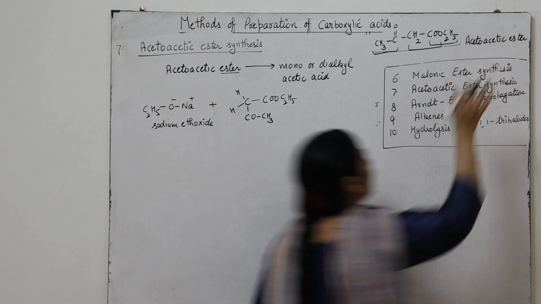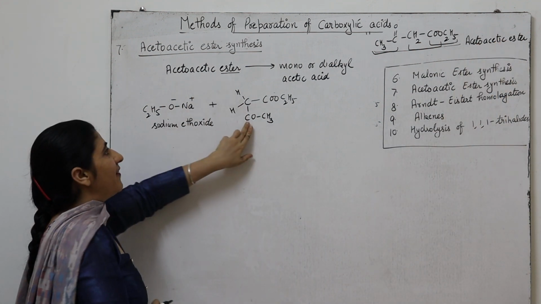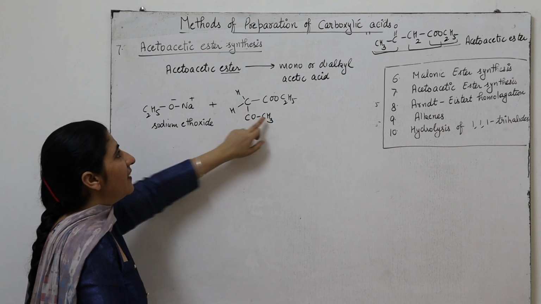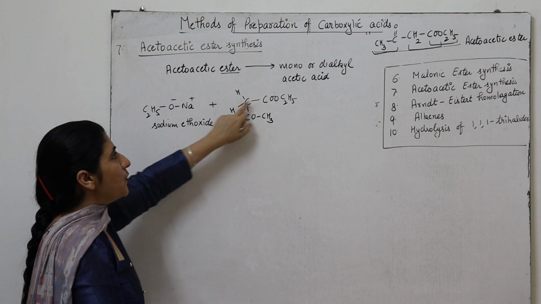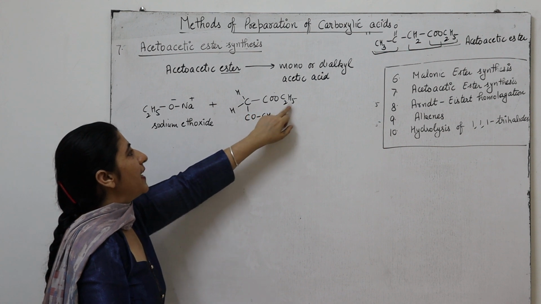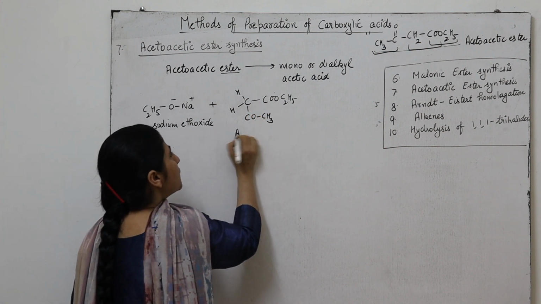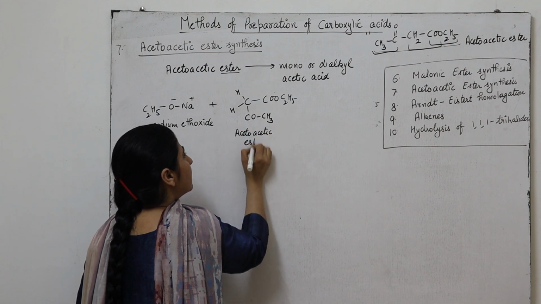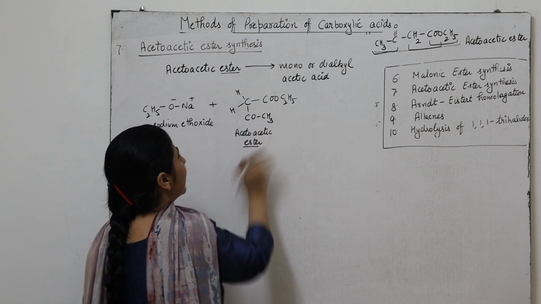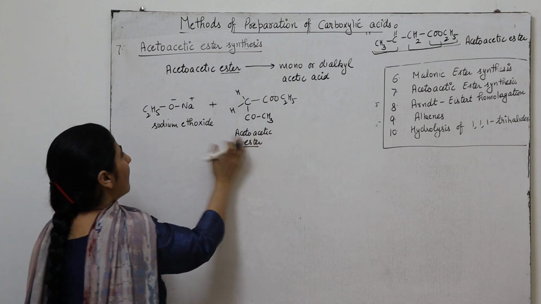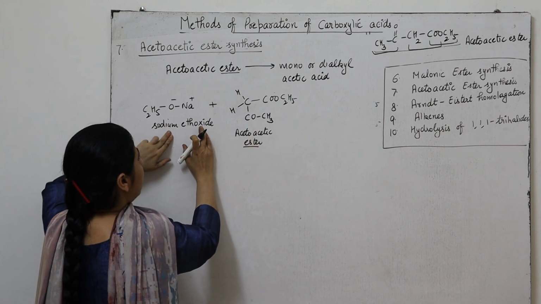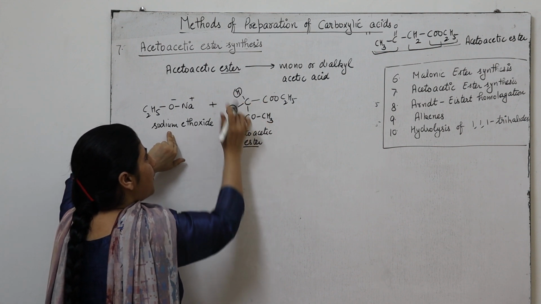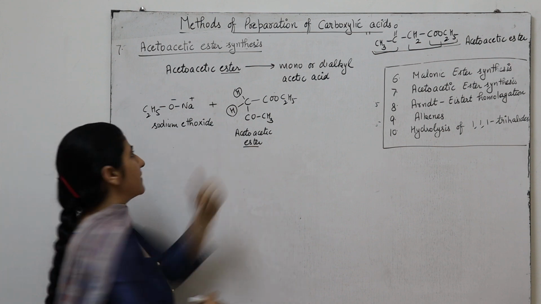So this acetoacetic ester is the main reactant in this reaction. So this is CH3CO CH2 COO C2H5. This is acetoacetic ester. In this reaction, the acetoacetic ester reacts with sodium ethoxide. It has 2 ionizable hydrogen atoms, similar to malonic ester.